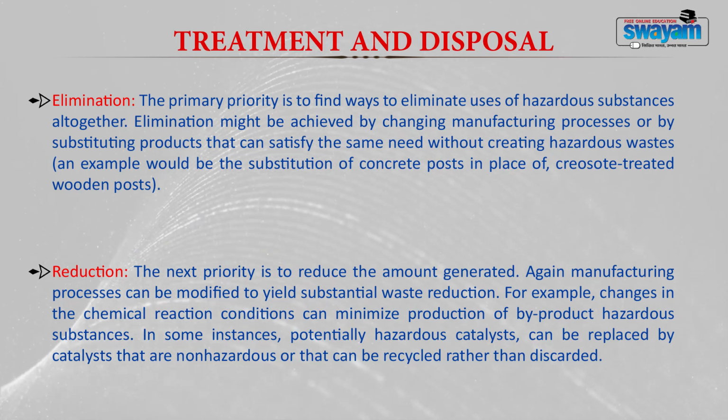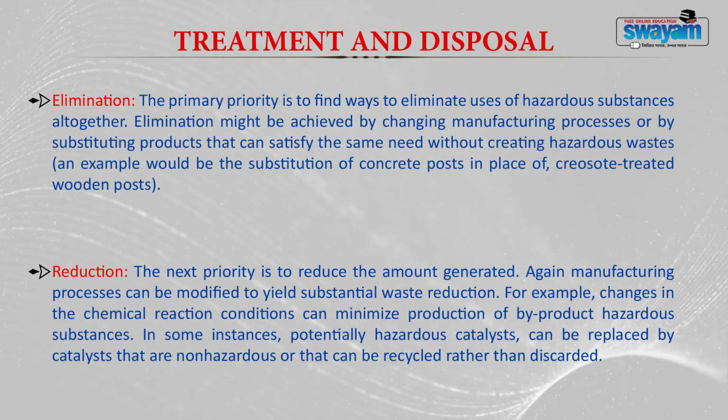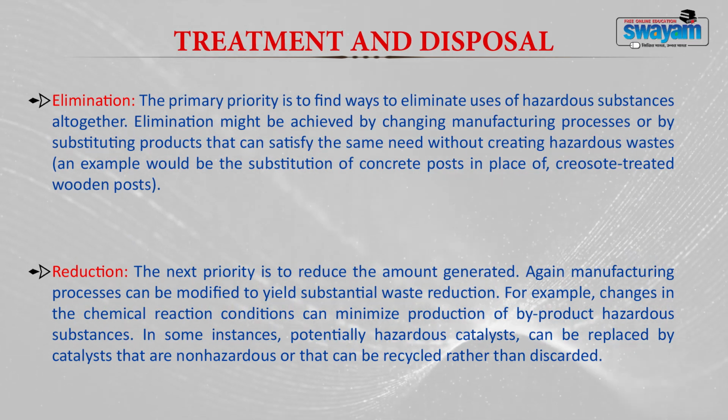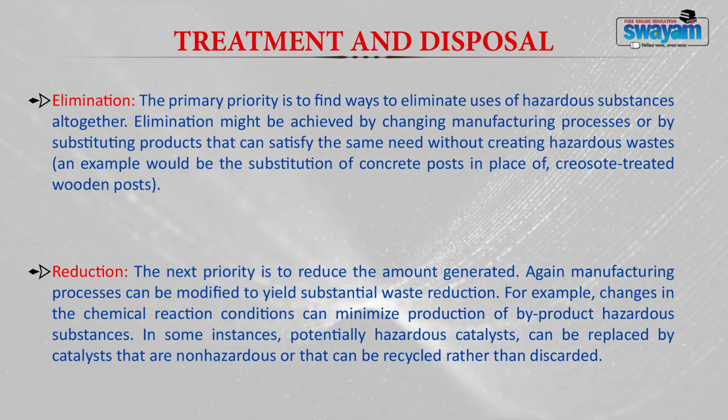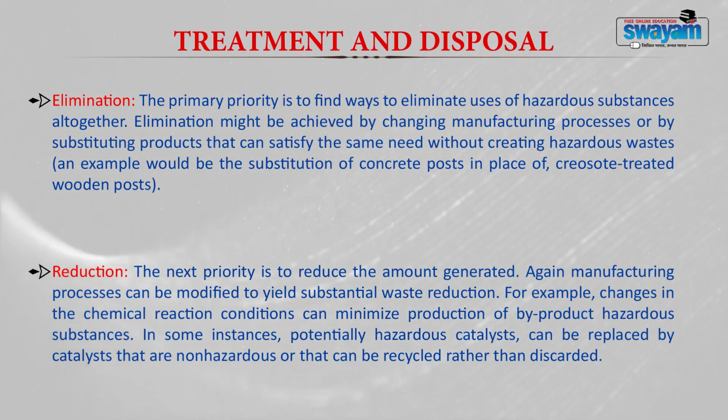In some instances, a hazardous catalyst can be replaced by catalysts that are non-hazardous or which can be recycled rather than discarded. This can be one small measure to reduce hazardous waste generation.